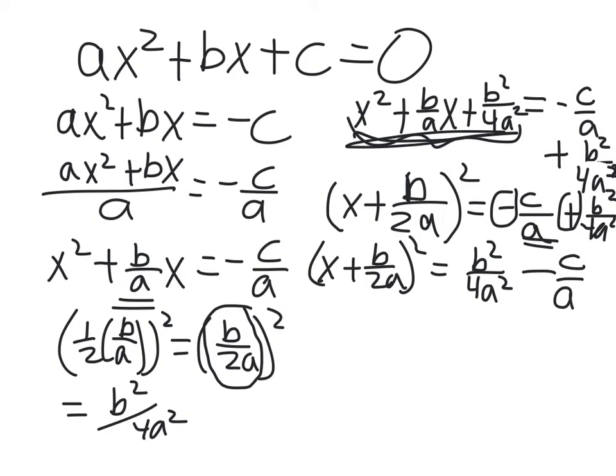What shall we do for c over a to make that 4a squared in the denominator? Times it by 4a. Okay. And so we'll have the 4a squared in the denominator.